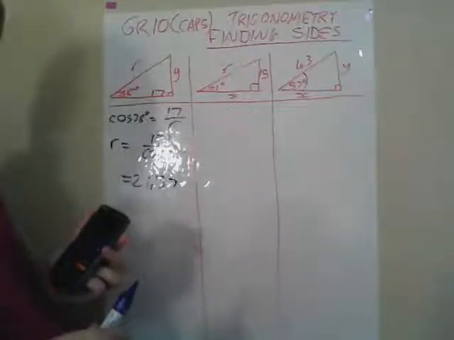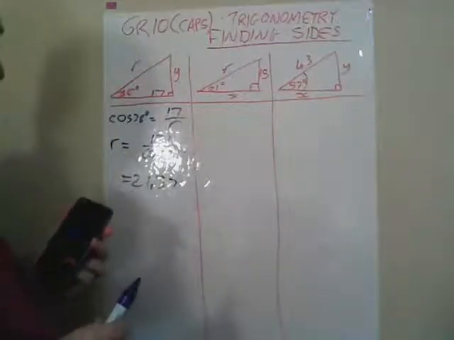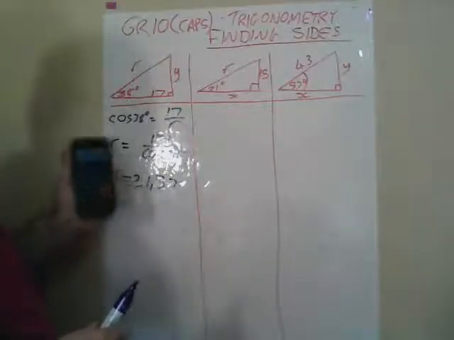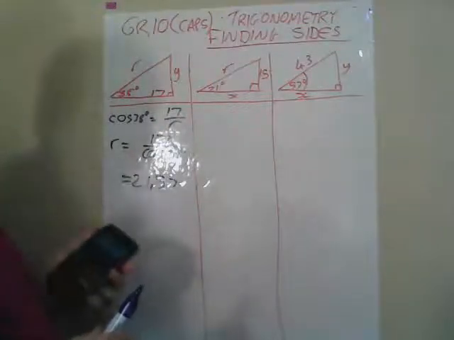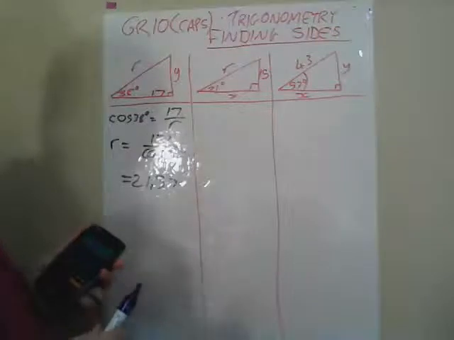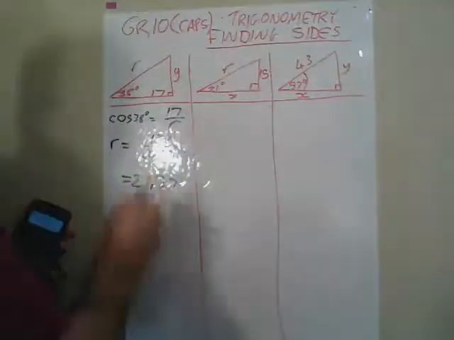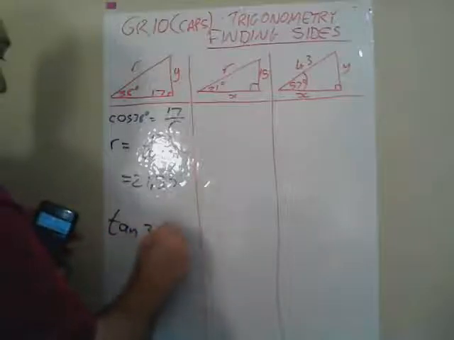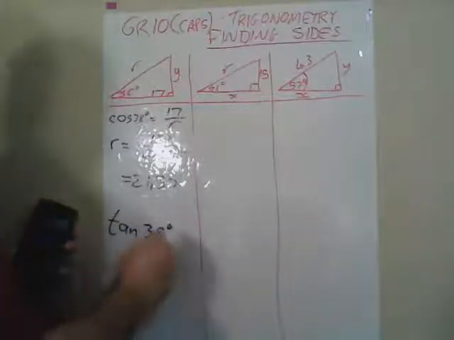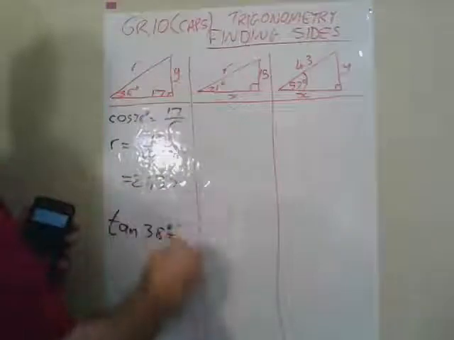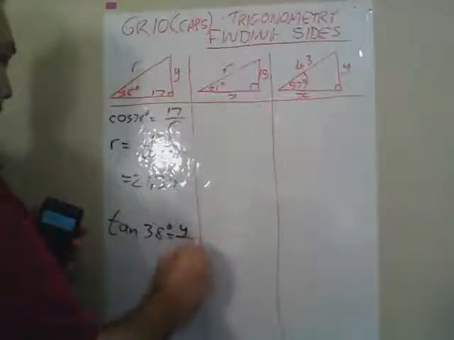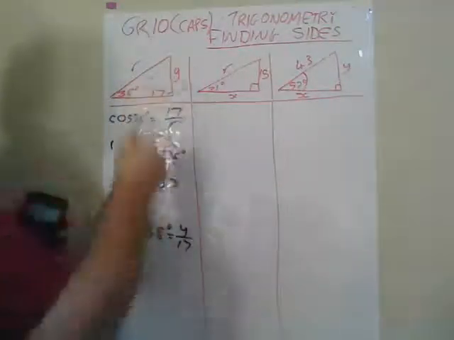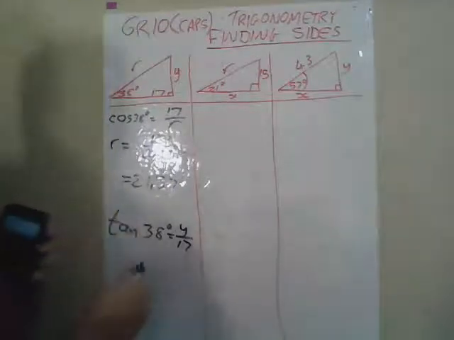Now we can go to find our y value. We could use tan or Pythagoras, and I'm going to stick to tan because this is a trigonometry session. So tan of 38 degrees is equal to y over 17, y over x, opposite over adjacent.